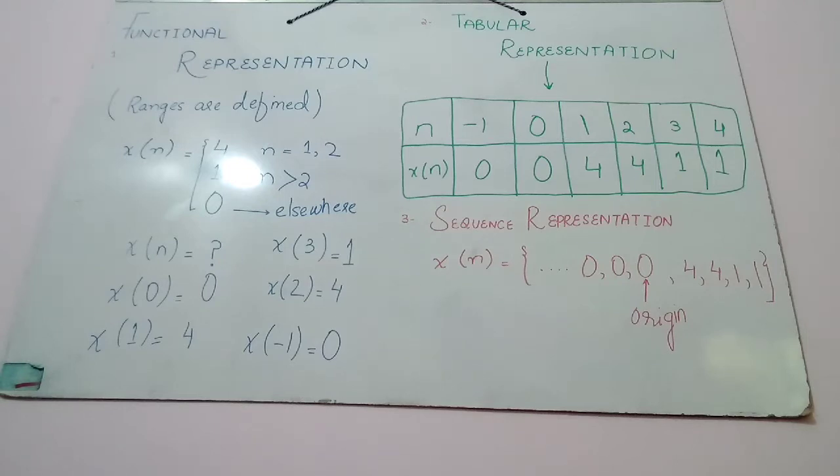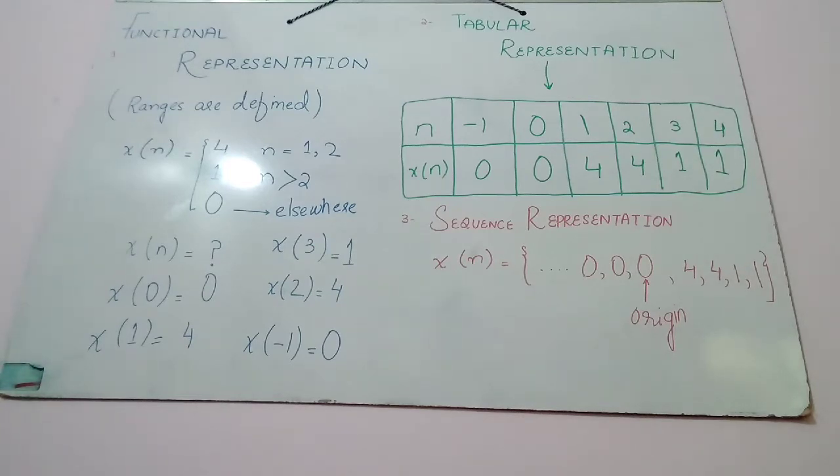So for every value of n which is neither equal to 1 or 2 nor greater than 2, elsewhere it is going to be 0. But you can see in the last column that the value of n is greater than 2, so we are having answer 1.